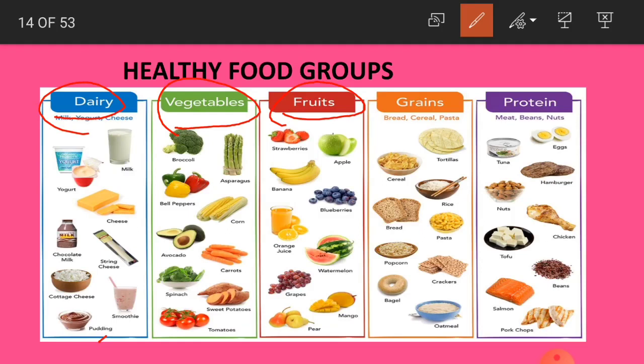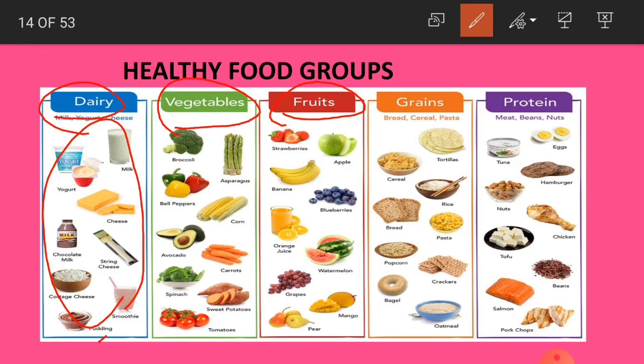It is not that you have to eat all this on a single day. But milk and curd every day you will take. That is very compulsory. Other food things in the dairy, that also you have to take very regularly. Okay, children? And vegetables.